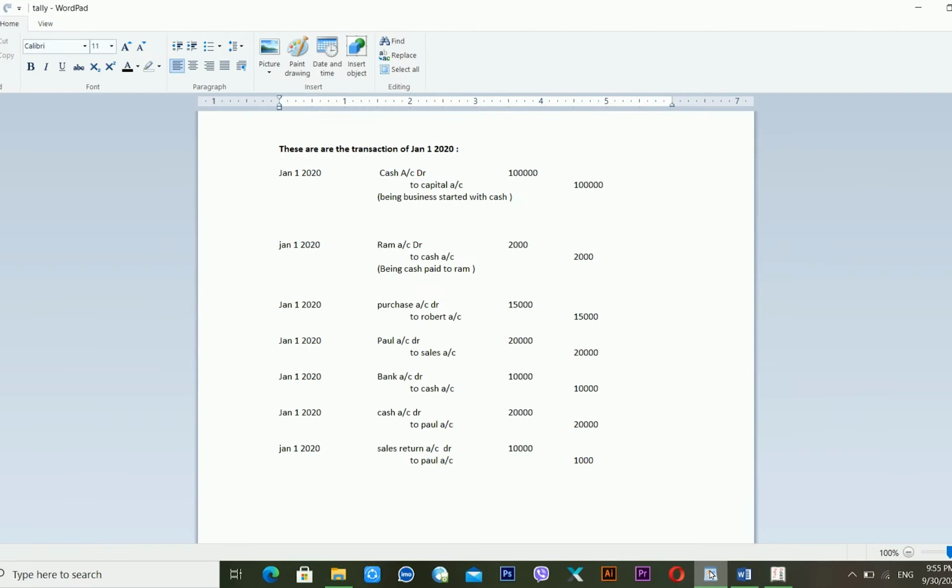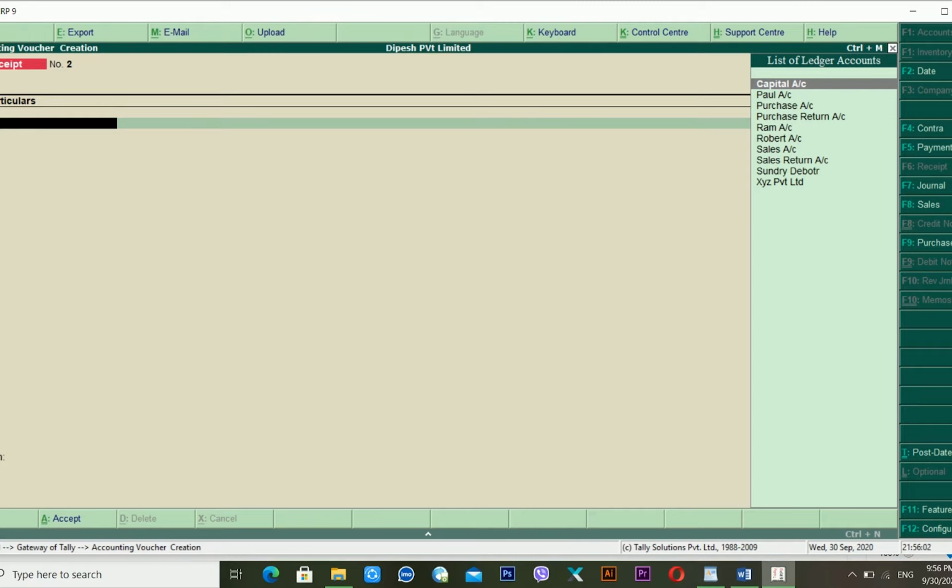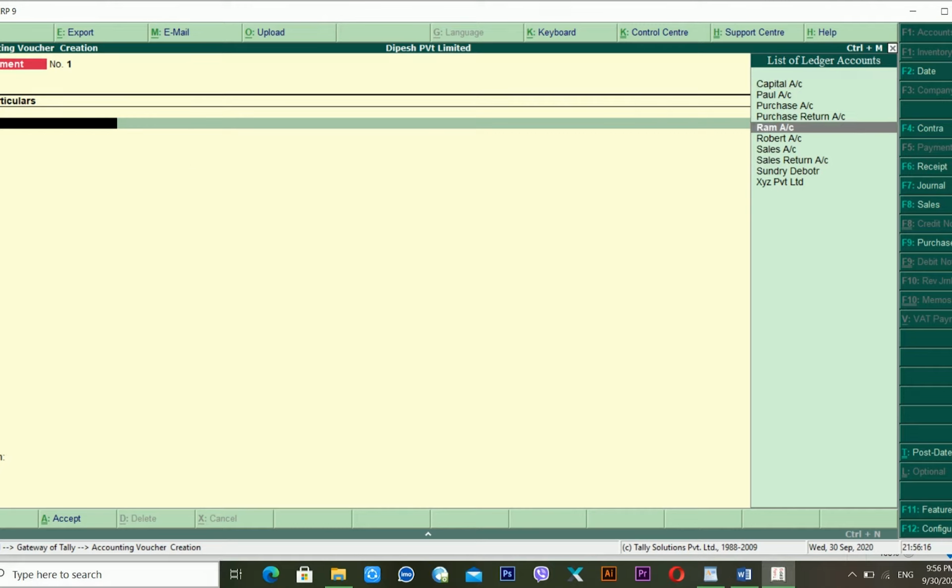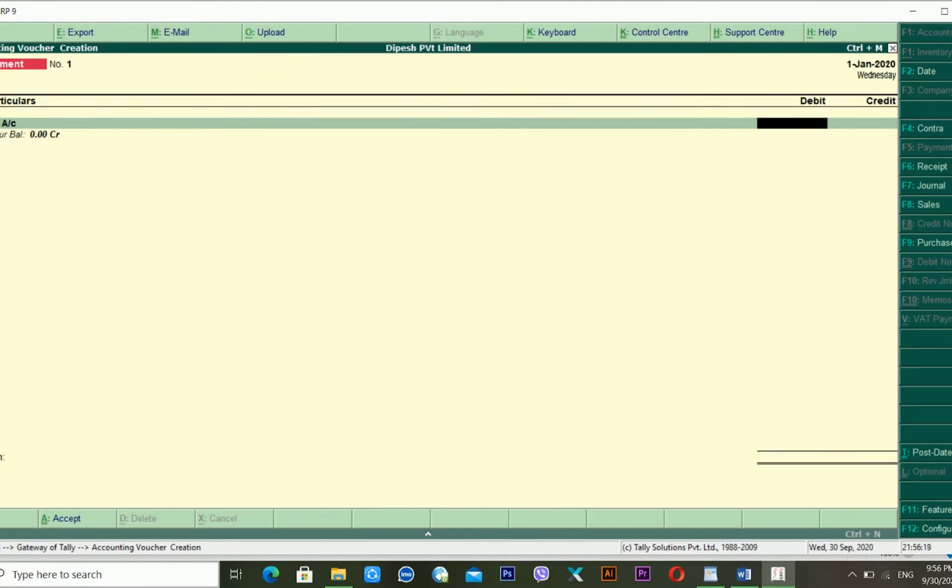The second transaction is from Ram account to cash account. It means we are paying money to Ram, and Ram is receiving money. If we are paying money, in that case we have to use the payment voucher, right? To use the payment voucher, you have to press the F5 button. So I'm using the F5 button, and in the DR, since Ram is receiving money, the Ram account, how much?